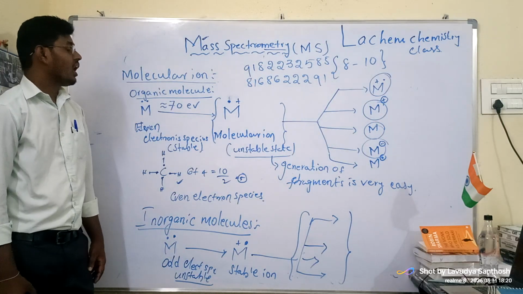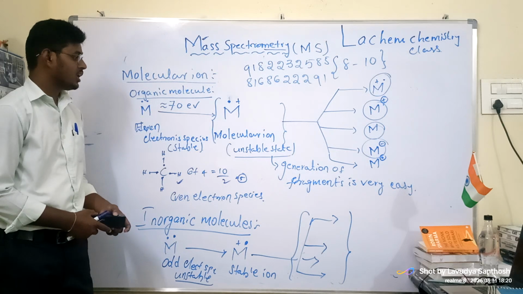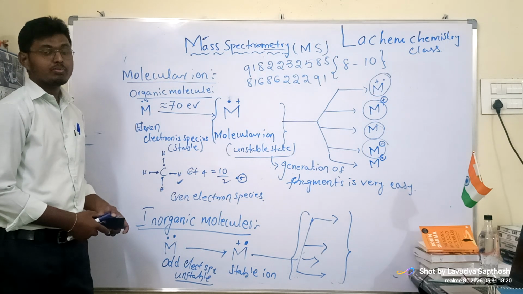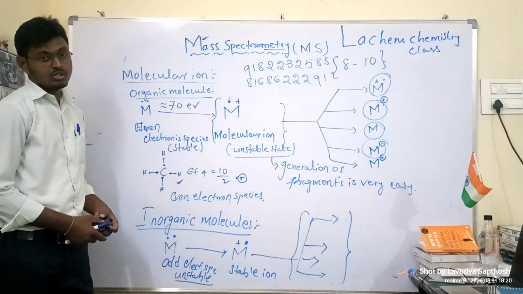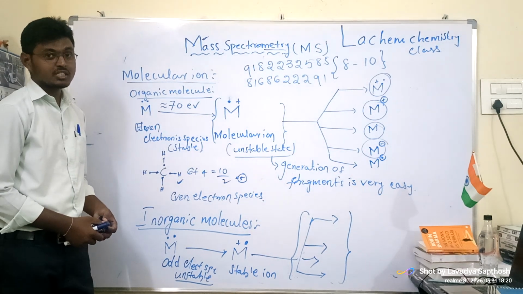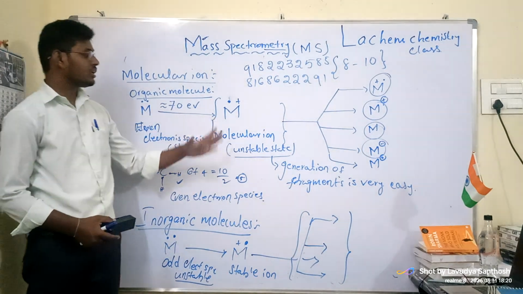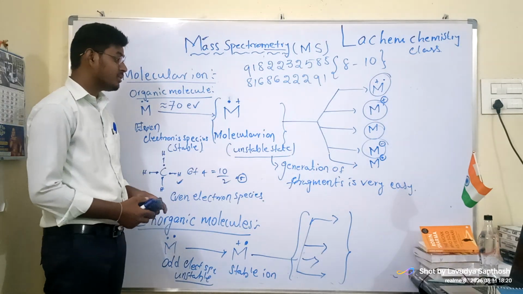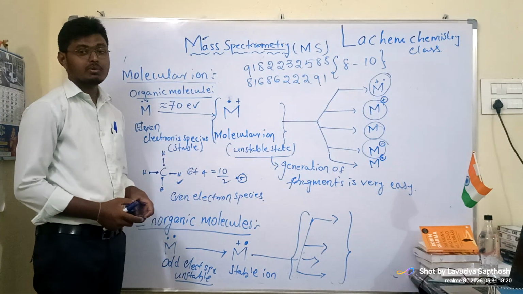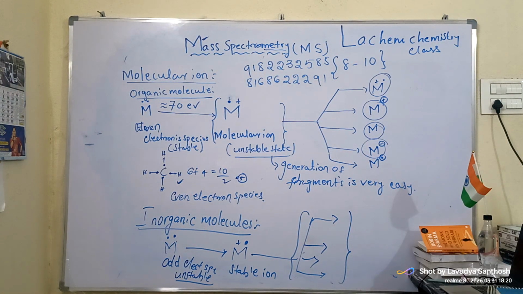After providing electrons of 70 electron volts, it converts into the molecular ion state, which is very unstable in nature.